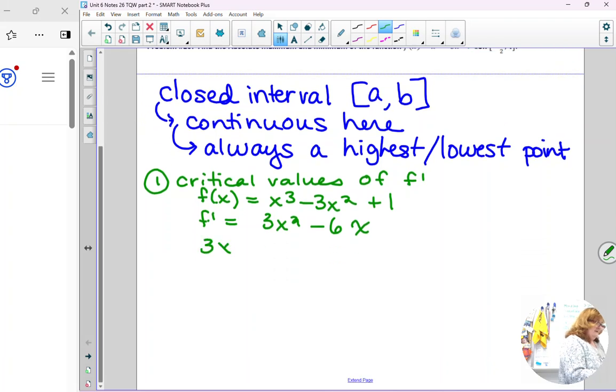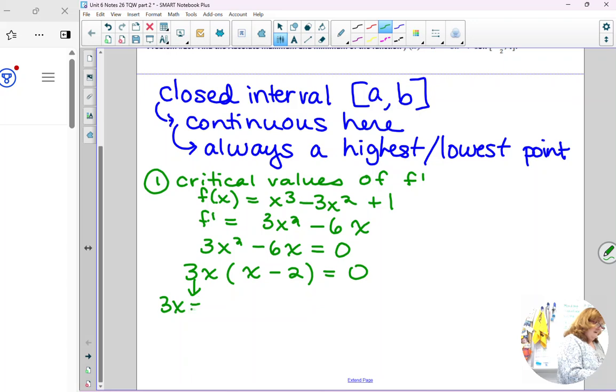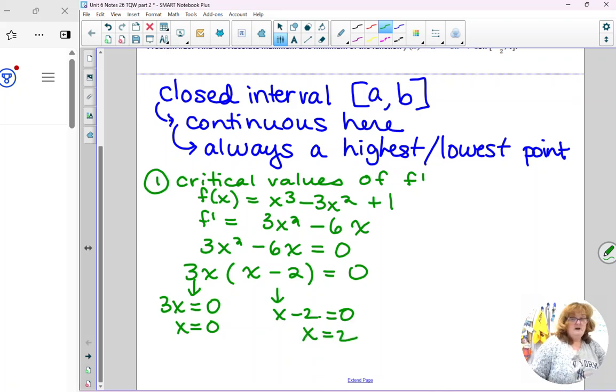When I set that equal to 0 to find my critical values, and I factor out 3x, I get a critical value when x equals 0 and a critical value when x equals 2. So these are potentials for relative max and mins. That also means they're potentials for absolute mins and maxes.